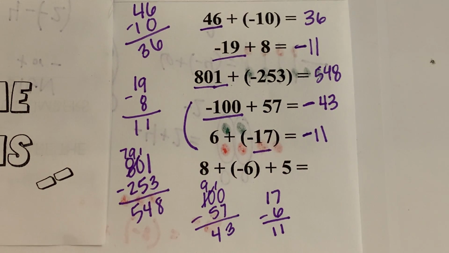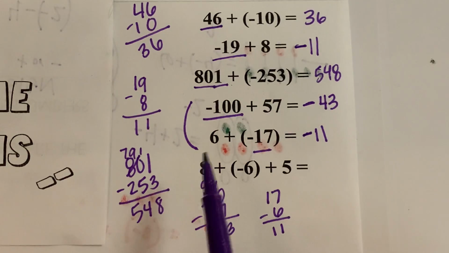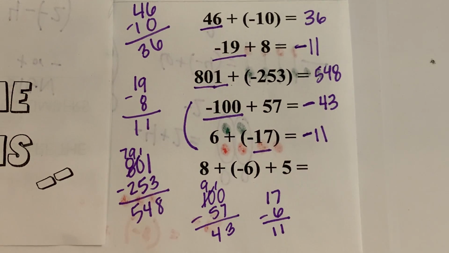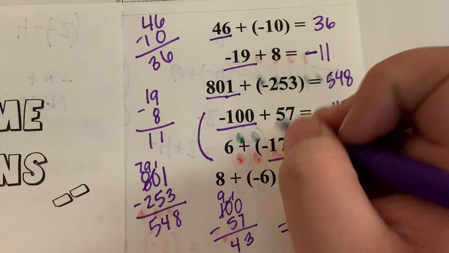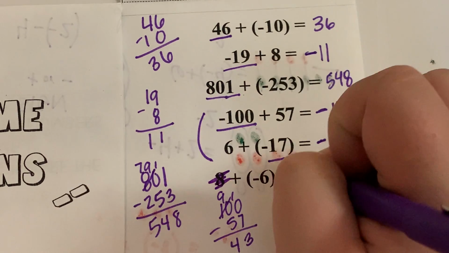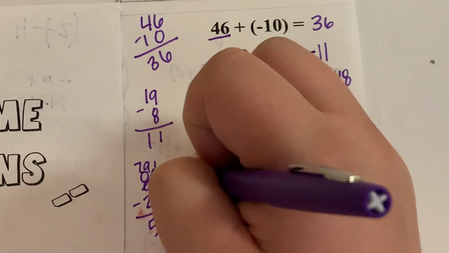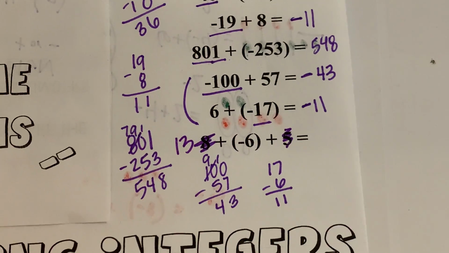If there's more than one negative, add those up. Then you can subtract. So is there more than one positive here? 8 and 5. So what is 8 plus 5? 13. So I'm going to change this 8 and 5 to 13. So is there more than one negative there?